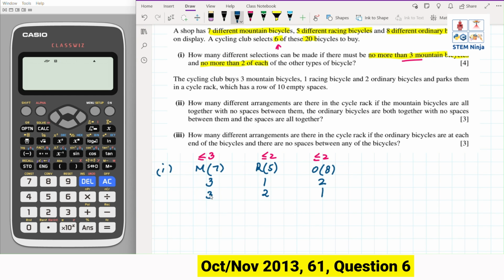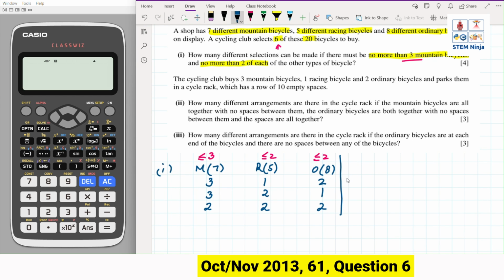And if we reduce the mountain bike by 1, we can have 2 and 2, which is sufficient over here. If we go by mountain bike 1, since we want no more than 2 or 2, we will not be able to have 6 bikes already. So these are the only possibilities that we can have.